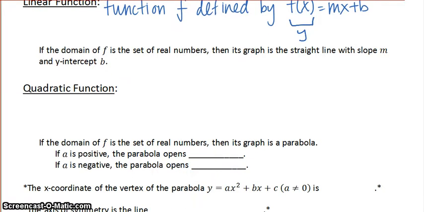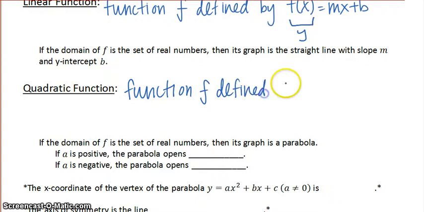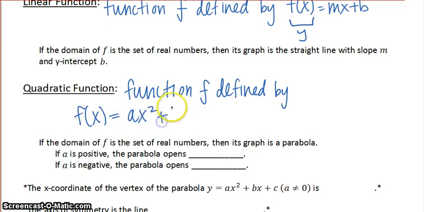Now, a quadratic function. A quadratic function is a function f defined by, and I'm going to rewrite it over here, f of x equals ax squared plus bx plus c, and I'm putting in parentheses, a cannot equal 0.